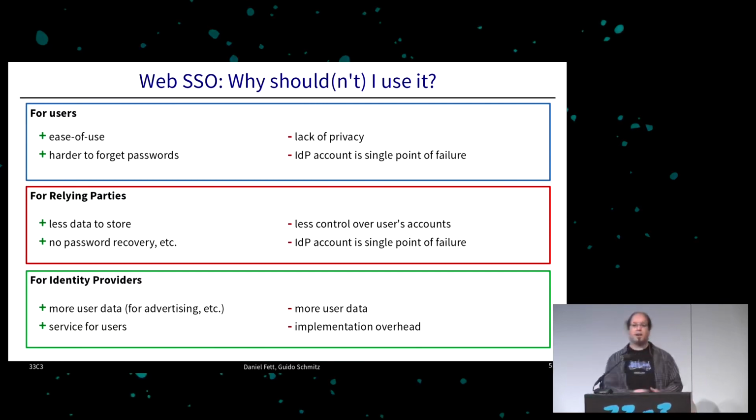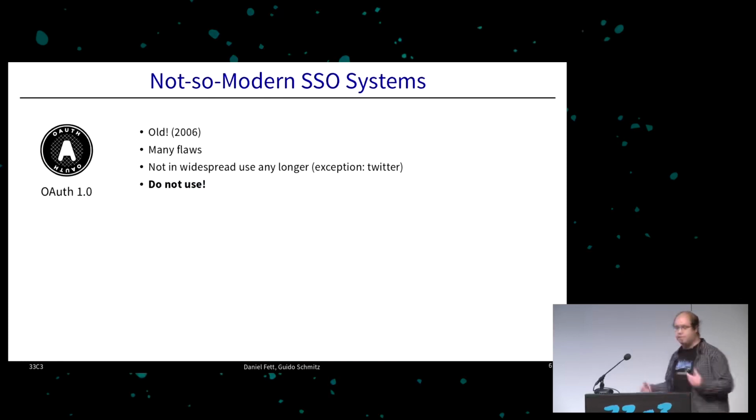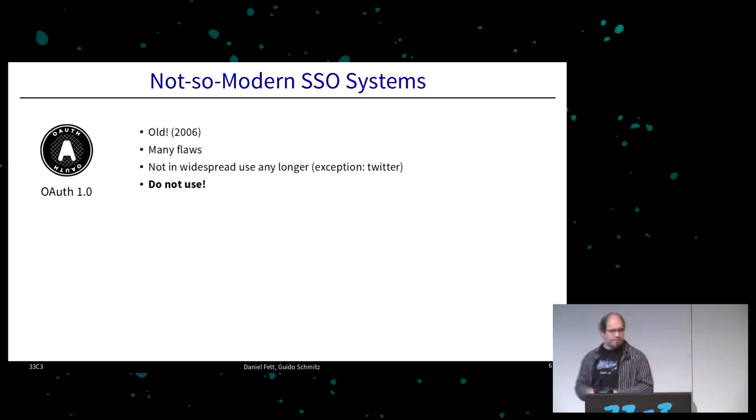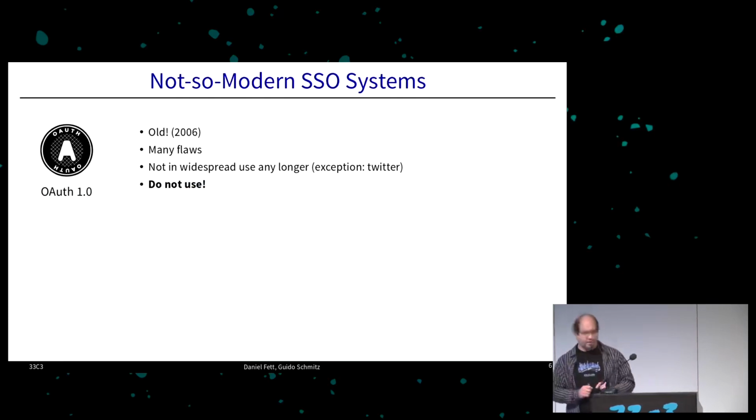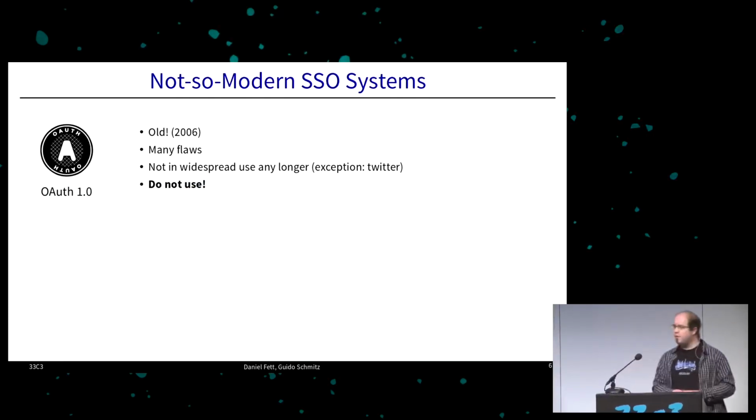So, what are these single sign-on systems? Now I will show you some prominent examples. So there's OAuth 1.0. So this is a not so modern single sign-on system. It's now 10 years old. Many flaws are known for this system, and basically nobody uses it anymore except for Twitter.